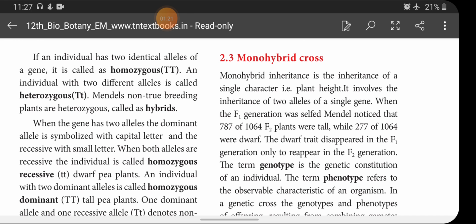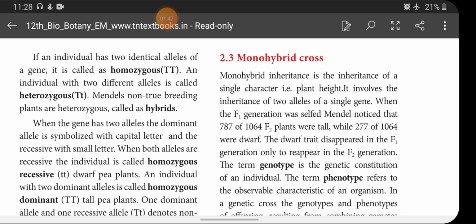Now, heterozygous. In the monohybrid cross that we started, when two pure breeding tall and dwarf plants were crossed, what happened? The F1 generation produced all tall plants, but the F1 tall plants consist of alleles for both the traits, tall and dwarf.